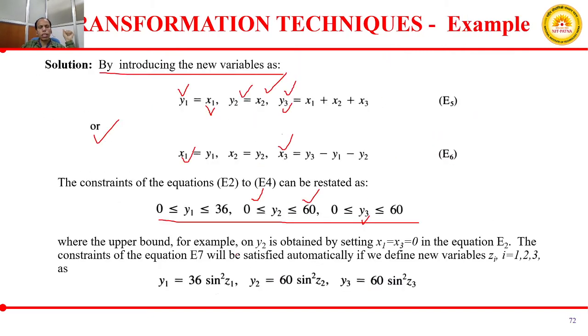This way we are transforming, and we know that li is 0. So this will become y1 equal to 36 sine square z1. Similarly y2 equal to 60 sine square z2, and y3 equal to 60 sine square z3. I hope up to this there is no doubt.